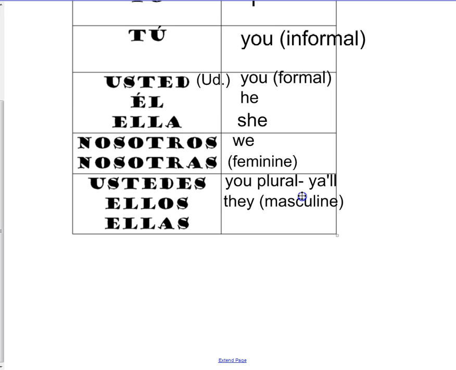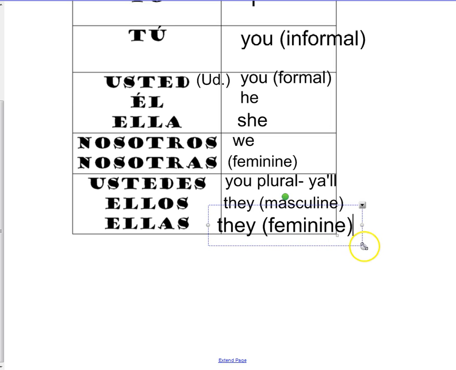Doesn't have to be all guys. It can just be one guy and then a bunch of girls, and then it's ellos. If it's they, a group of girls, which we call they feminine, then you would use ellas, they, a group of girls, or women, if you want to think of it that way.